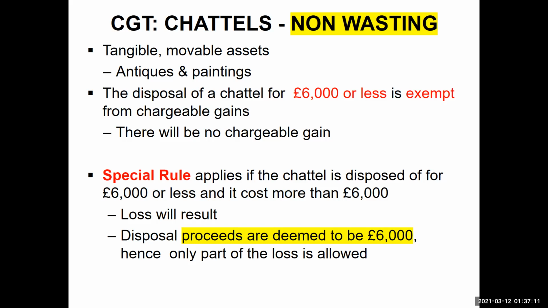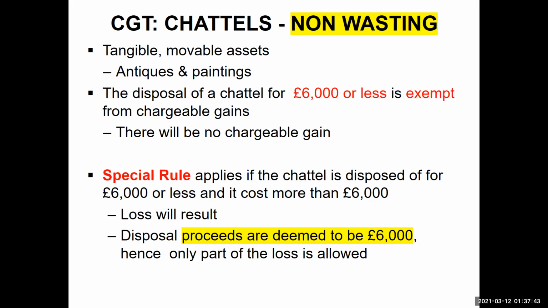Now, a special rule applies if the chattel is disposed of for 6,000 or less, but the cost was more than 6,000. In that case, we equate the proceeds to be 6,000. So just take note of that. If we sold it for 3,000 or 2,000, but the cost exceeds 6,000, we just equate the proceeds, the sales value, to 6,000.